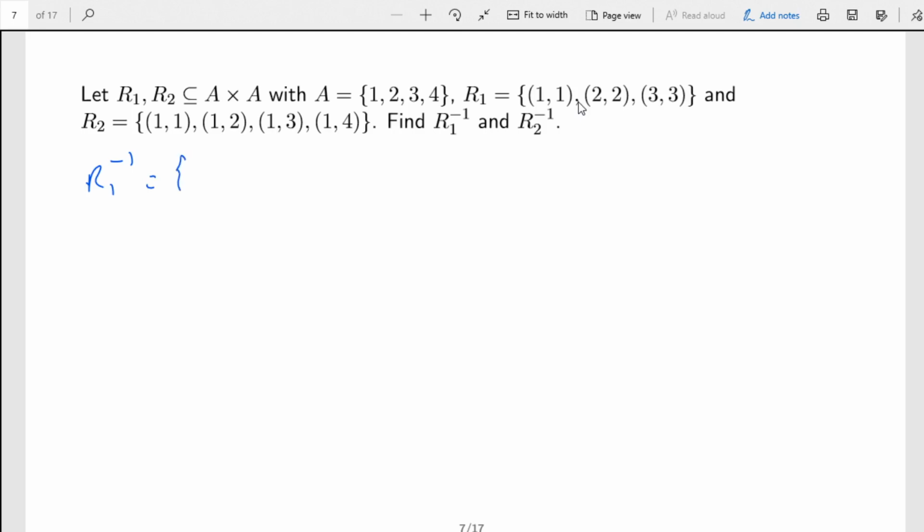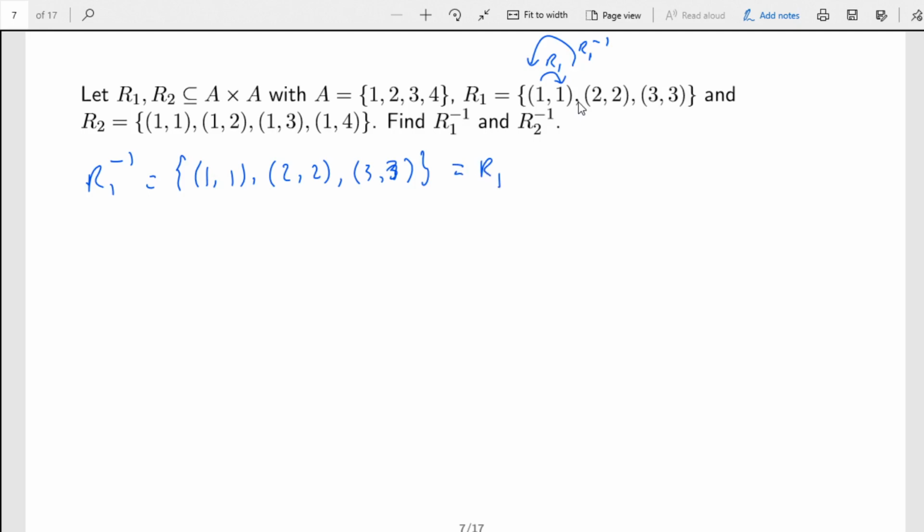So you have (1, 1), you flip, then you have (1, 1). (2, 2) is flipped into, again, (2, 2), and (3, 3) is flipped, you get (3, 3). So this is R1, and this is the inverse of R1. It is possible, like here, that the inverse of a relation is the same as the relation itself.